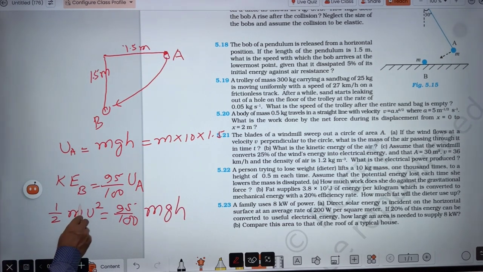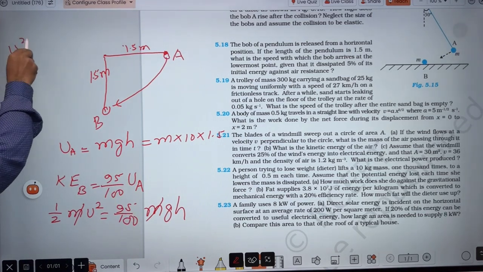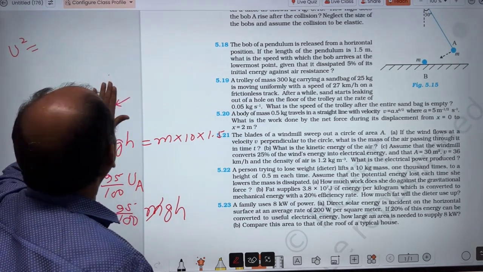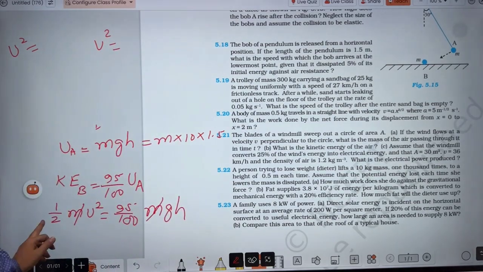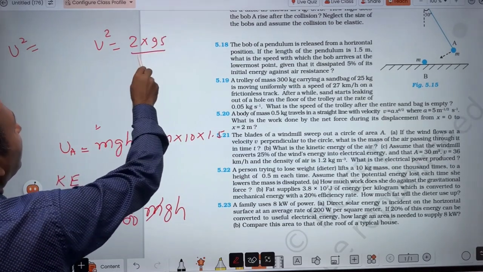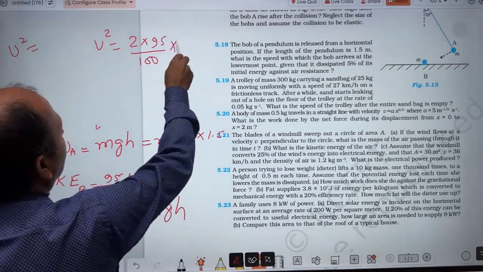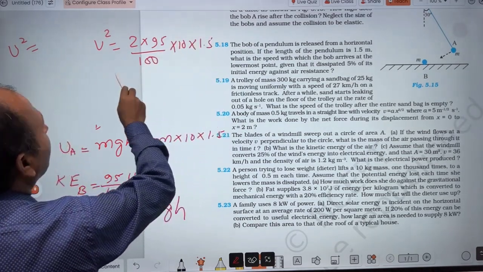Our concern is to find velocity. Cancel m and m. 2 will get multiplied to this side. So v² will be equal to 2 into 95 divided by 100 into g, take g equal to 10, into height 1.5.